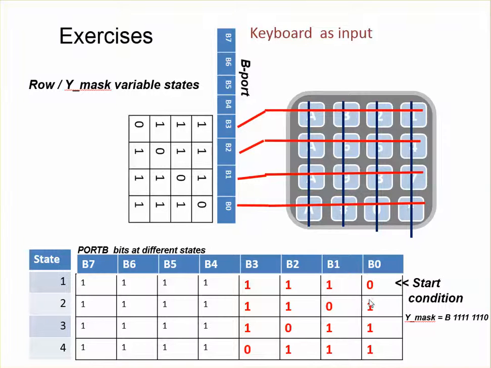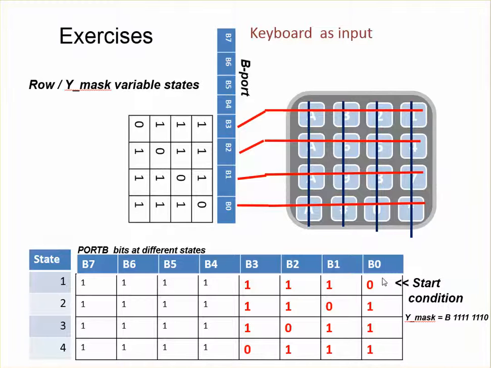Then if we shift the bit in the mask variable to the left, bit 1 will be 0 and the rest of the bits will be 1s. Then again, if we output this state 2 mask variable value to the P port, this line will be 0 and the other lines will be 1s.